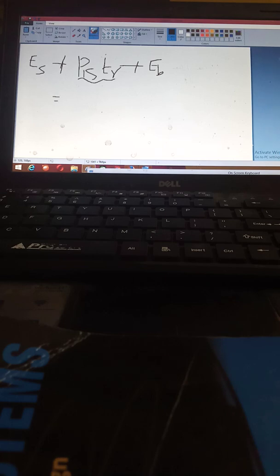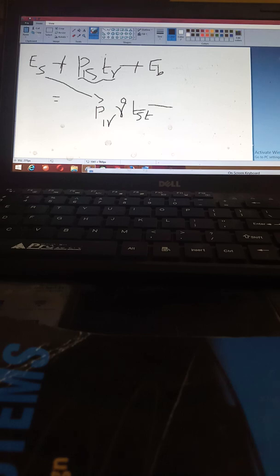Now ES, it is due to starting, correct. That I will call it as, it is related to running loss, it's some percentage. So I will call it as gamma TST, where TST is the starting time. So it is proportional to P1R, that's why a gamma term comes. Understood now?